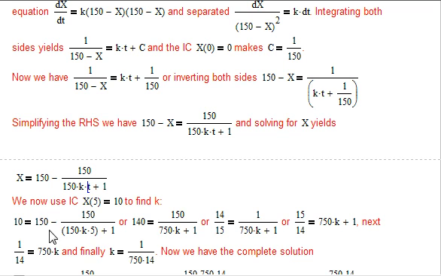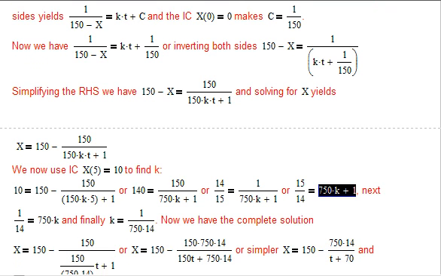Subtract 150 from both sides and change the signs of both sides. We got 140 equals 150 over 750K plus 1, or 14/15 equals 1 over 750K plus 1, or 15/14 equals 750K plus 1. And finally, K equals 1 divided by 750 times 14.